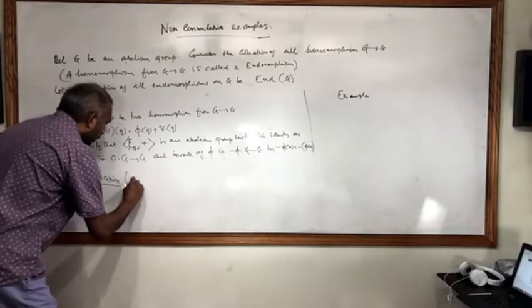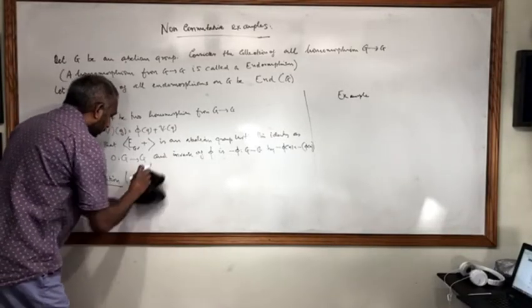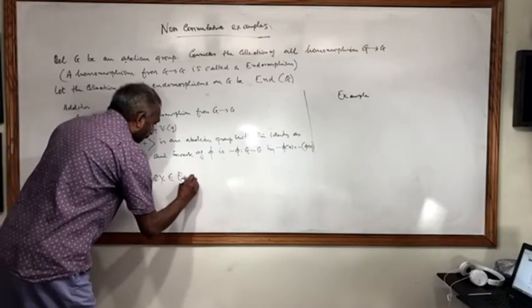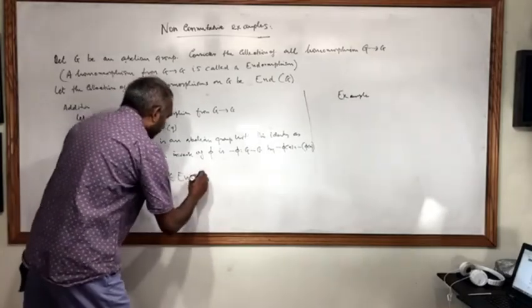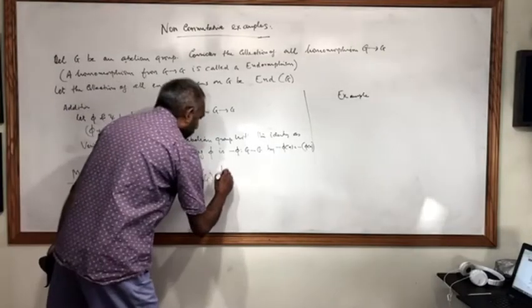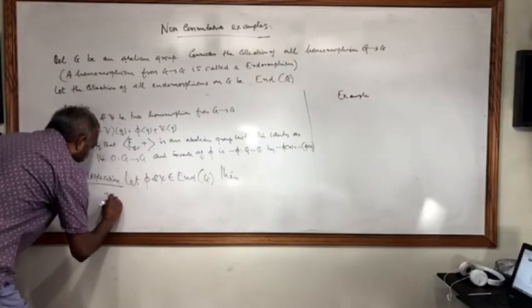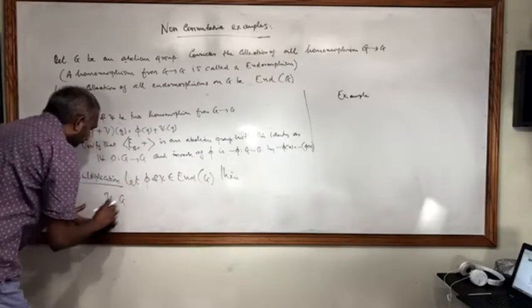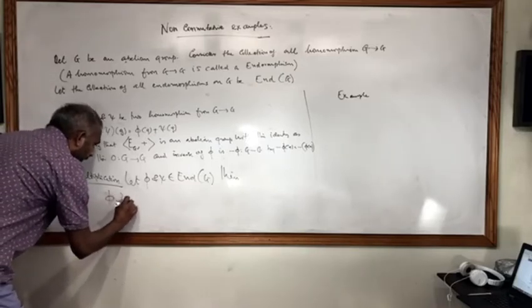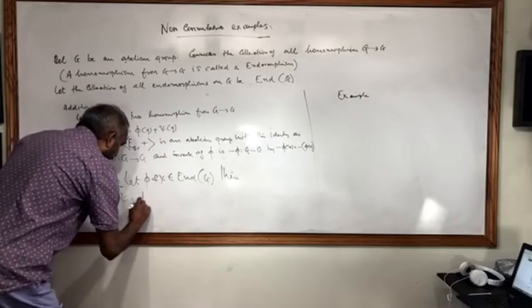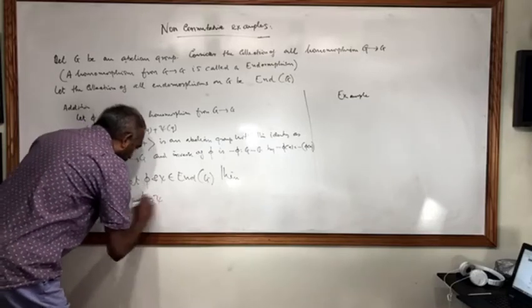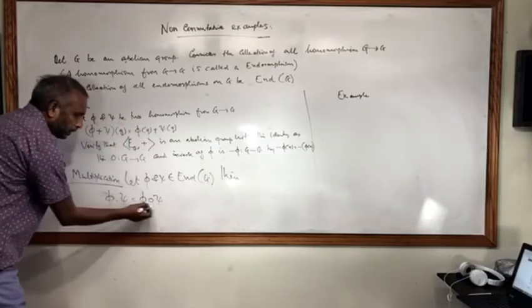So let phi and psi belong to End(G). Then phi times psi is equal to phi after psi, and that is also from G to G. So this is the definition of multiplication.